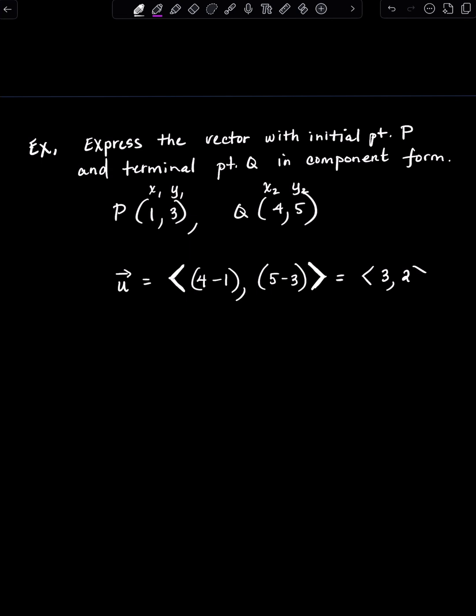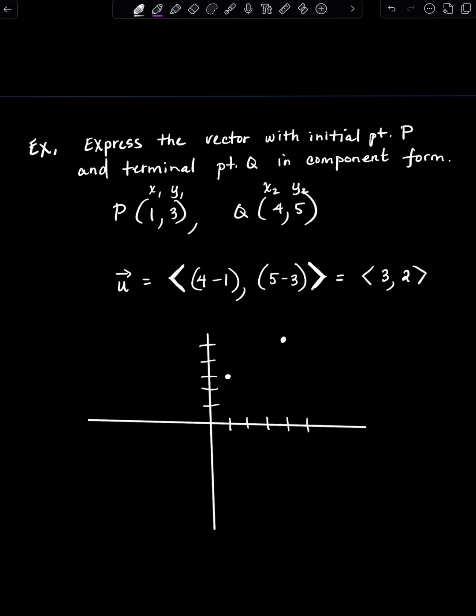I want us to look at that so you really understand what's going on here, so let me draw it out. If I'd ask you to sketch the vector PQ, you would start at our initial point, which is 1, 3, and then go to our terminal point, which is 4, 5.